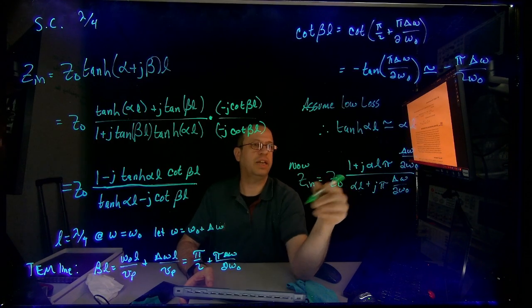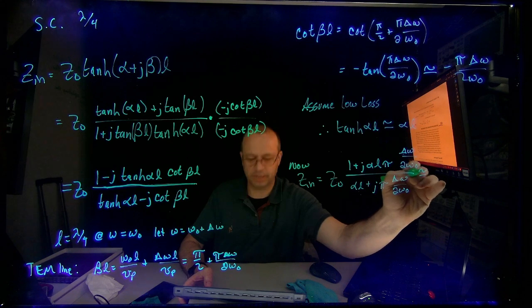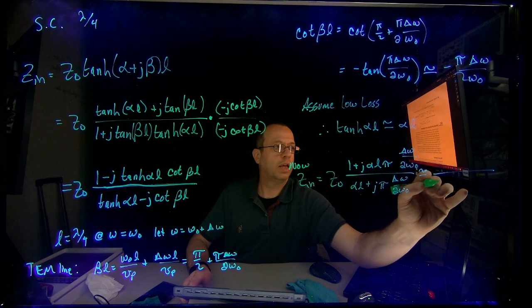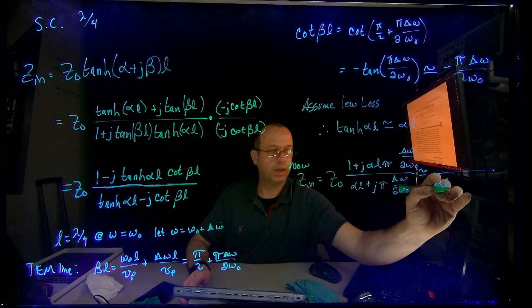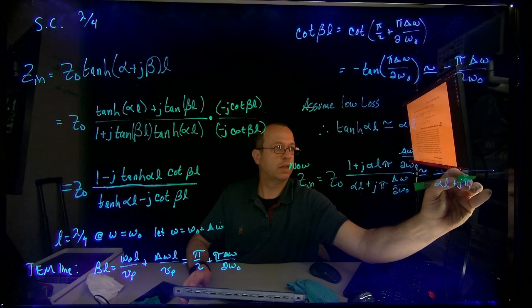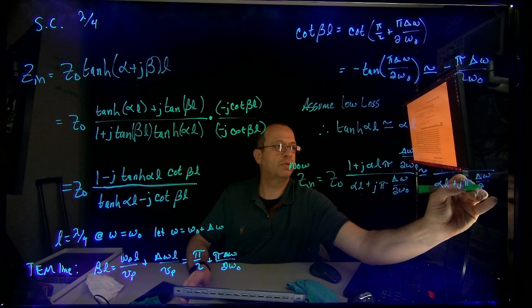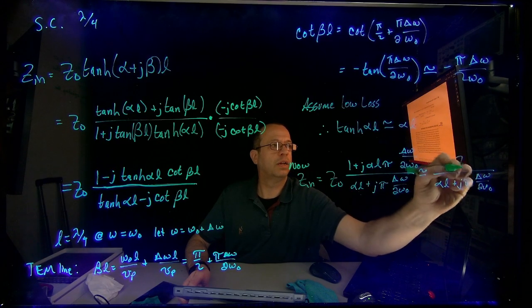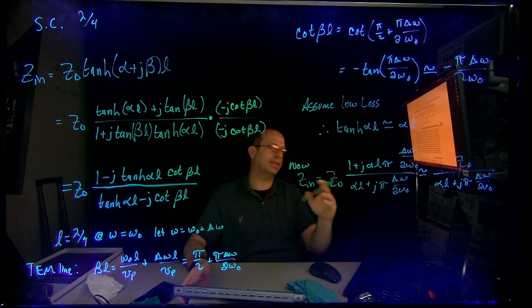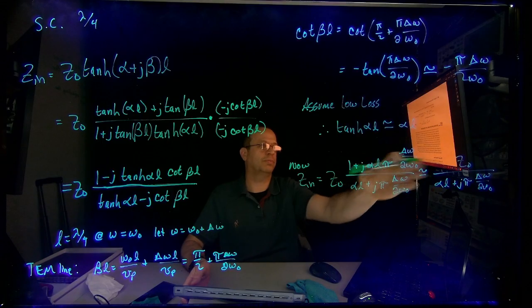Okay, not as clean, looks a little messy, but I'm going to say this is approximately equal to Z naught over alpha L plus j pi delta omega over 2 omega naught. So rather than writing Z naught times, I just wrote Z naught in the numerator. It's just easier.